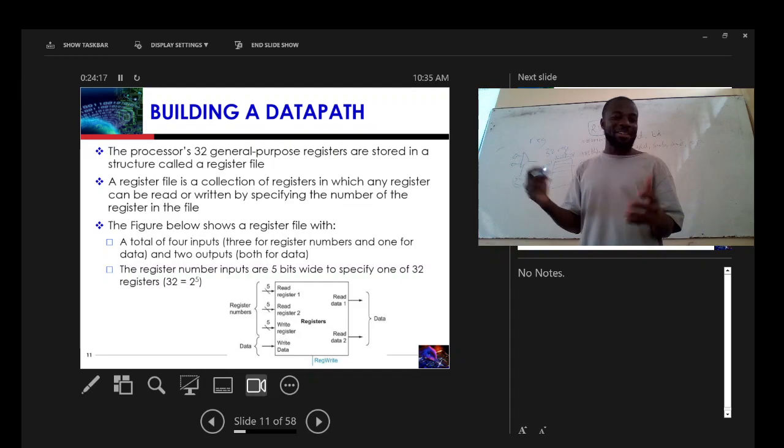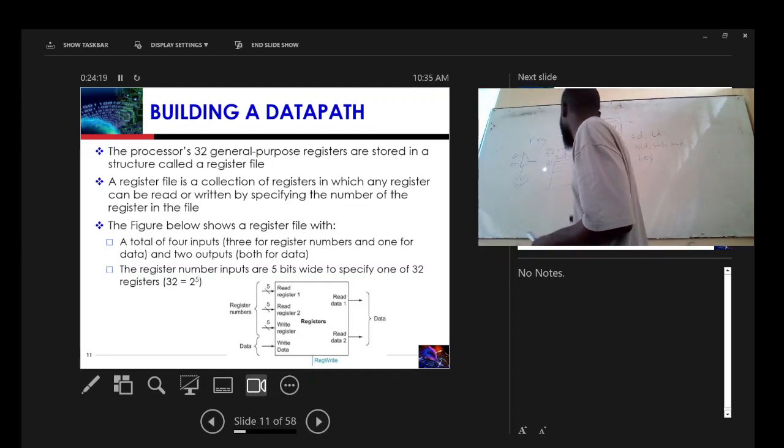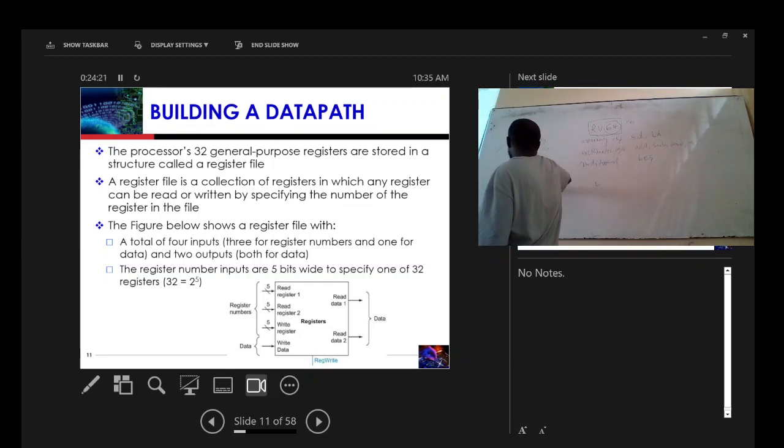How many times do I have to explain this one? The register file works like this. Within it, as we said, we have registers 0 to 31, right? The width is 64.